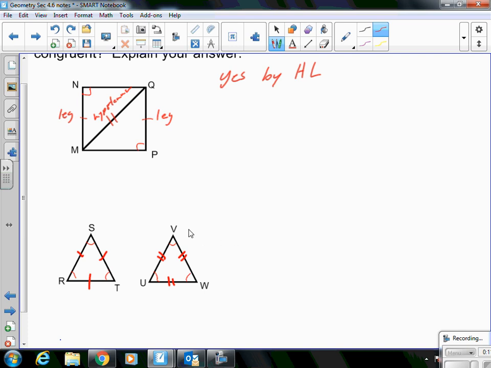All right, so since we got all the angles marked congruent, and we don't have an angle congruence postulate or theorem, we have to have a congruence between the sides between the two triangles. There has to be at least one. But since none of these sides are marked the same as these sides, then that means there's no congruence between the corresponding sides. So this one's going to be a no.